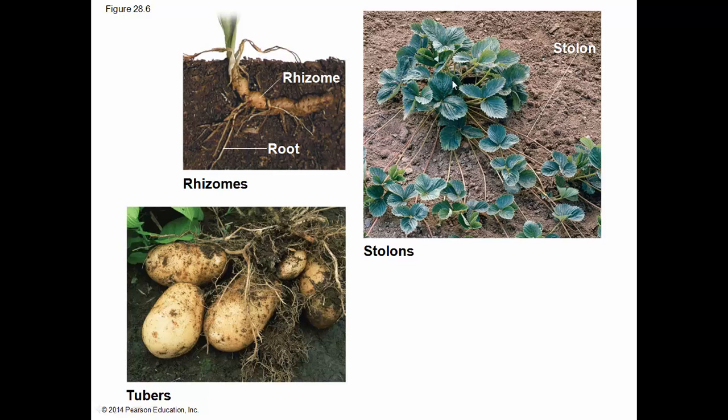Stolons: this is a strawberry plant. When strawberries get to a certain point in their growth phase, they shoot off these little offspring on the ends of these rootlets, and once they touch the ground, they begin to grow.